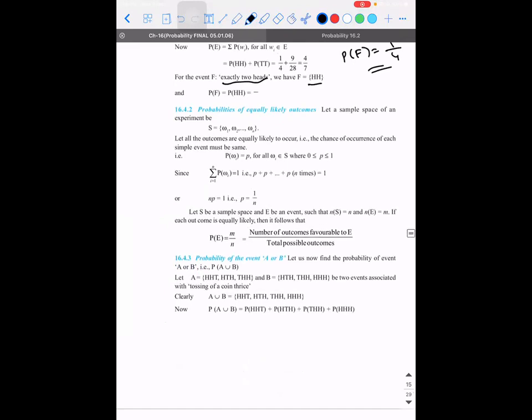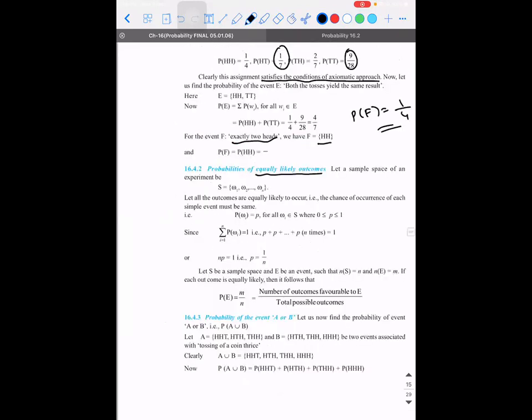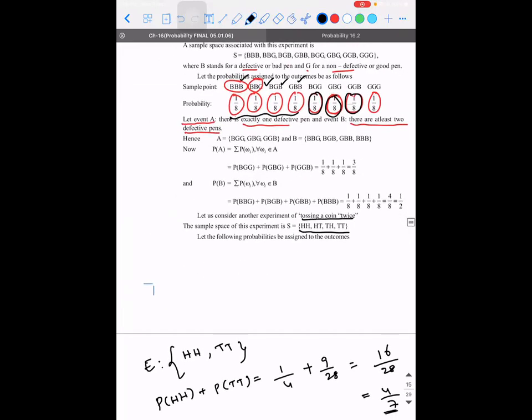Now, there is something called the probability of equally likely outcomes. Probabilities of equally likely outcomes means each outcome will have the same amount of probability. The best example for this is this one. If you observe, the probability of any sample point you take is 1 by 8.